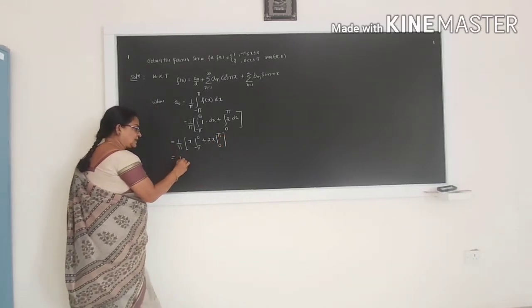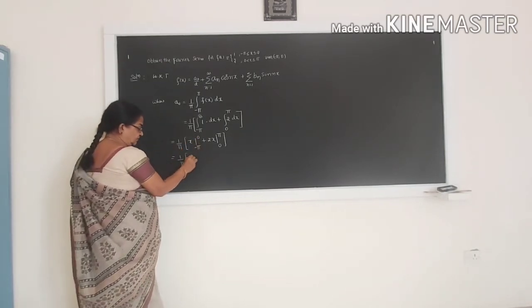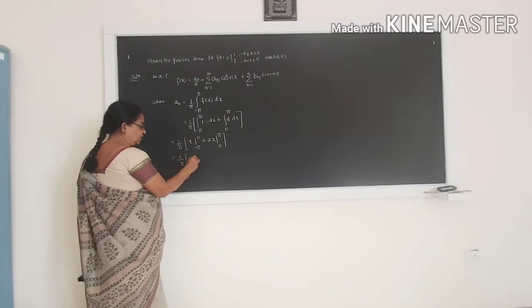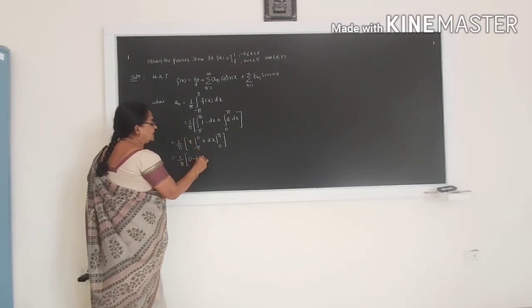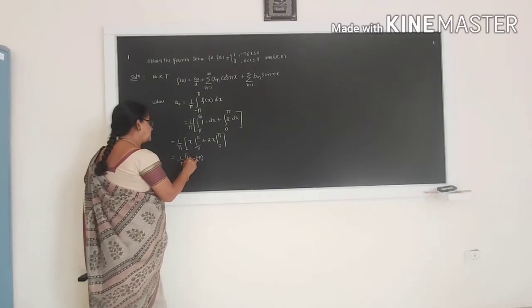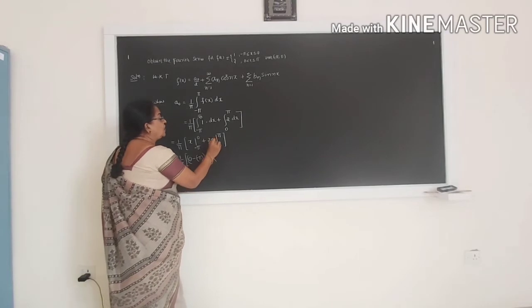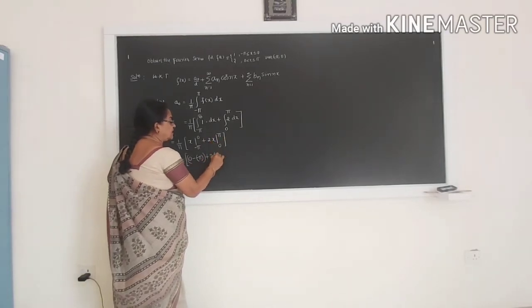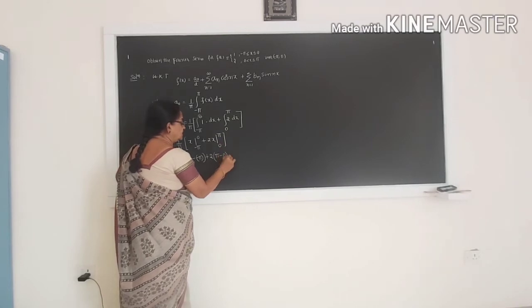Now I write this as 1 by pi into, in place of x, the upper limit 0 minus the lower limit, that is minus pi. Is it okay? Plus 2 times the upper limit, that is pi, minus the lower limit, 0.